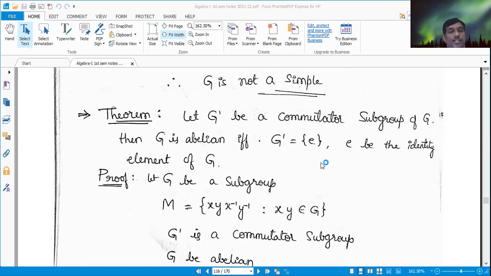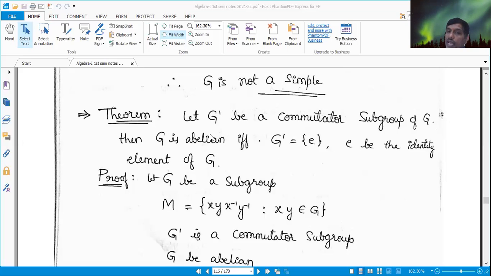Next, one more theorem. Let G dash be the commutator subgroup of G. Then G is abelian if and only if G dash is equal to E, where E is the identity element of G. G dash means the commutator subgroup of G. Commutator means commuting with each other, that is the definition.